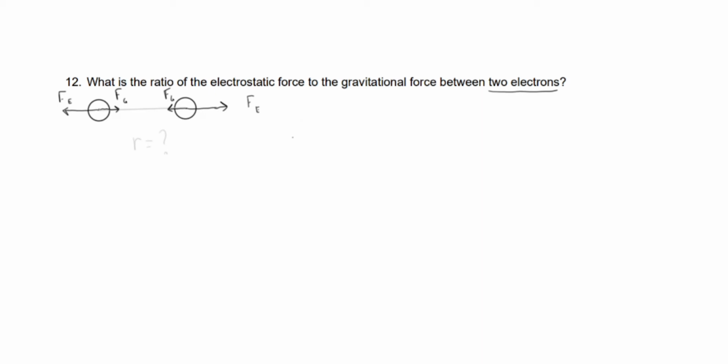We want to see basically how many times larger, what is the ratio of the electric force compared with the gravitational force. Okay, so let's set that up. We're trying to find the ratio of the electric force to the gravitational force. And when we calculate that out, we will get a unitless number.